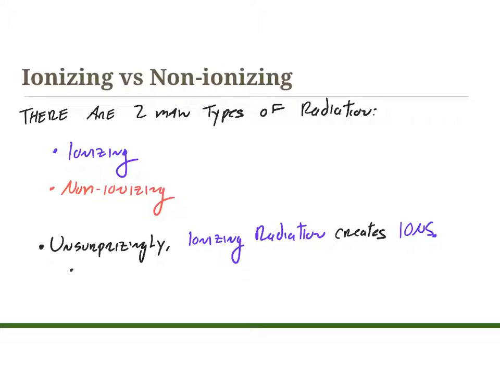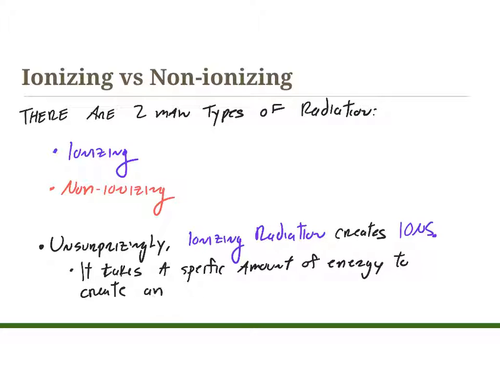Ionizing radiation has, well, it actually takes a very specific amount of energy to create an ion, which ionizing radiation has.